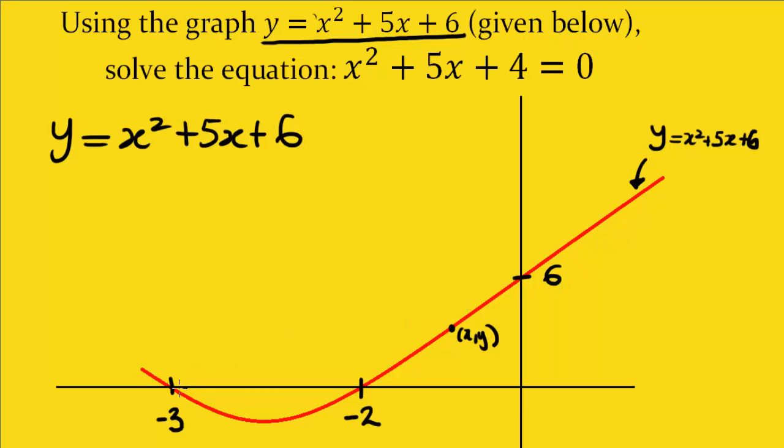So, for instance, if I take this point here, x is minus 3 and y is 0. If I take this point here, x is, say, minus 2.5 and y is minus 1 or something. Here, x is minus 2 and y is 0. Here, x is 0 and y is 6. So you can see along the line, the x and y values vary. So x and y are variables.